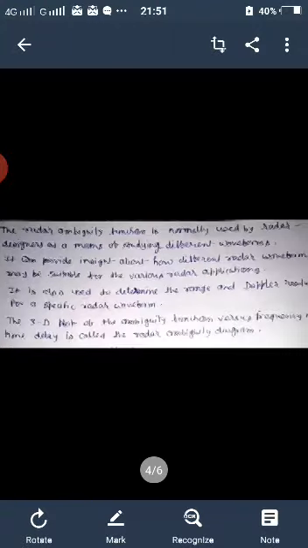It is also used to determine the range and Doppler resolution for a specific radar waveform. If we plot this ambiguity function, it is known as the ambiguity diagram. The 3D plot of the ambiguity function versus frequency and time delay is called the radar ambiguity diagram.